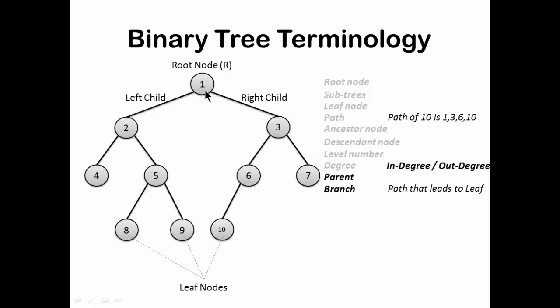For example, if I talk about the path 1, 3, 6 and 10, so it is leading to the node which is the leaf node, therefore it is called a branch. But if I am talking about a path 1, 3 and 6, then this is a path but not a branch. Siblings, so all the nodes that lie on the same level are called the siblings.